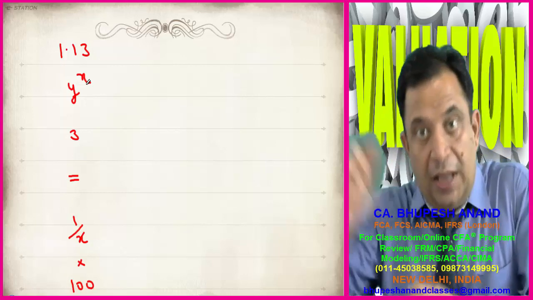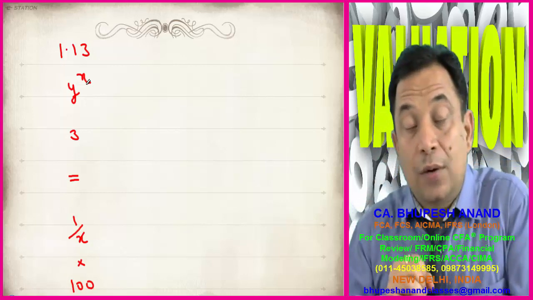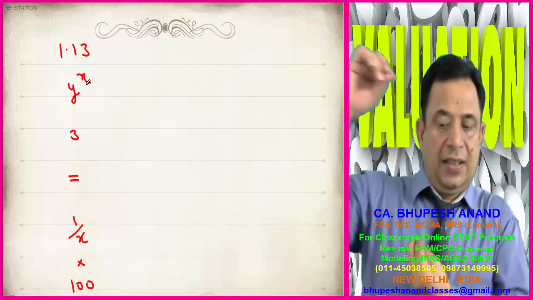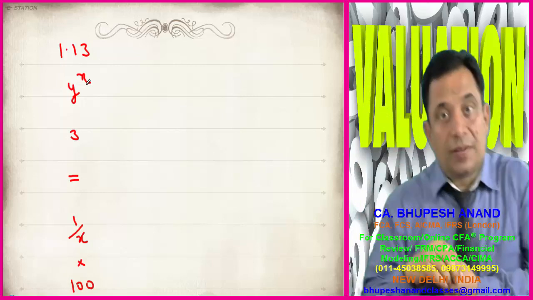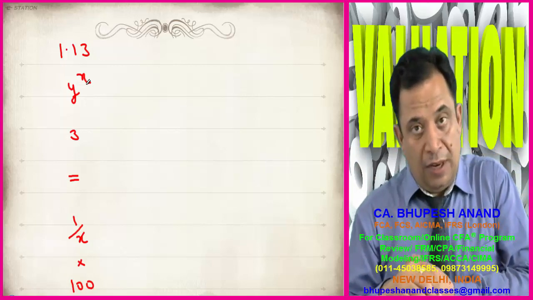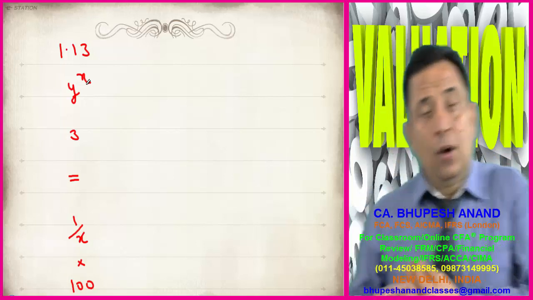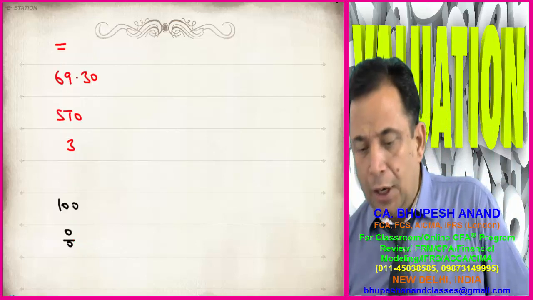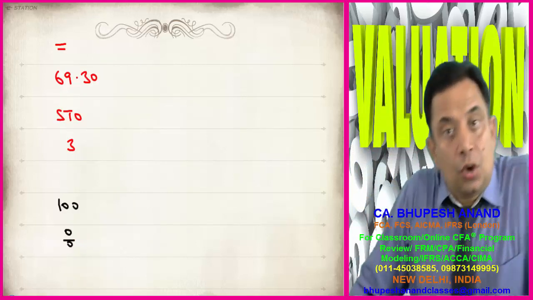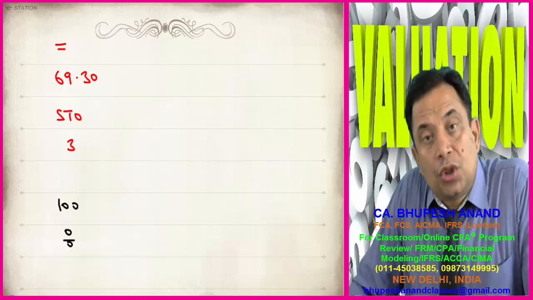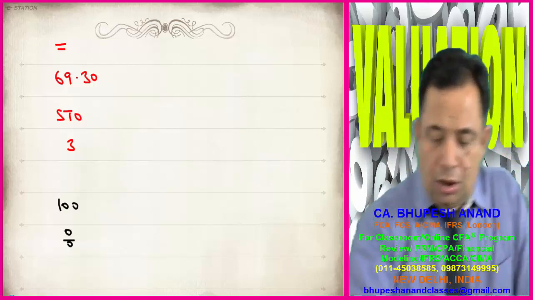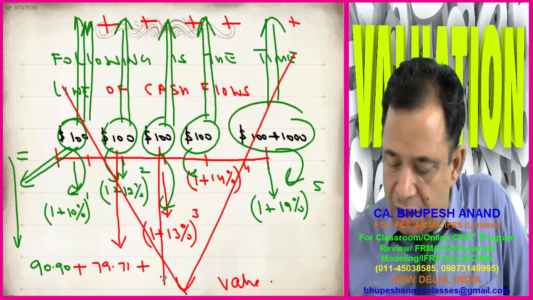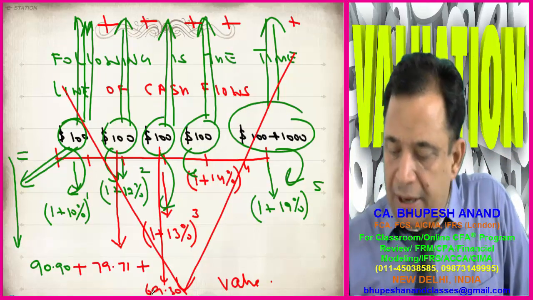So in your calculator, 1.13, press the button y raised to power x, 3, equal, then 1 upon x, into 100. When I do into 100, equal to 69.30, I will store it in STO 3. This is the value 69.30 I am getting for the third year.